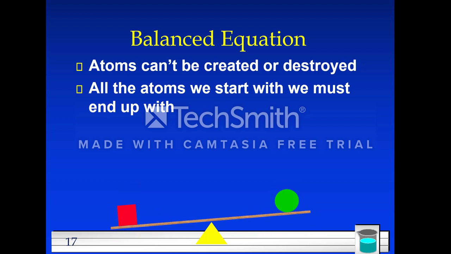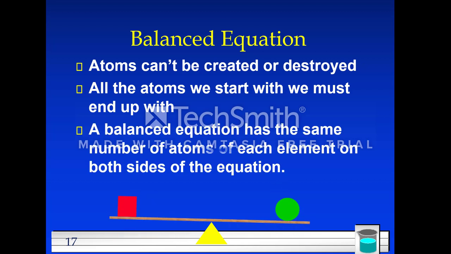What could explain why mass didn't change? Well, the logical explanation is because everything I started with is still there. So it's going to weigh the same at the beginning and the end. So chemical reactions had to be made up of something that didn't change. Okay? So all we've got to do is get the same number of atoms of each element on both sides of the equation.